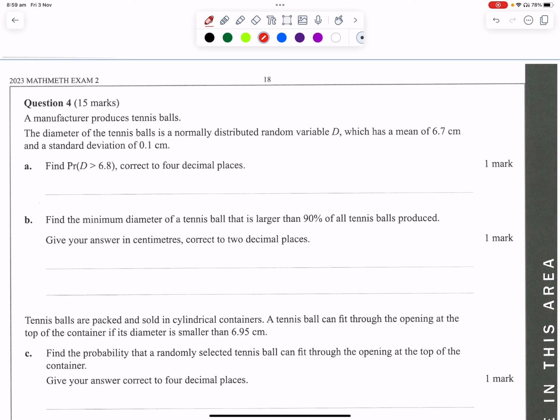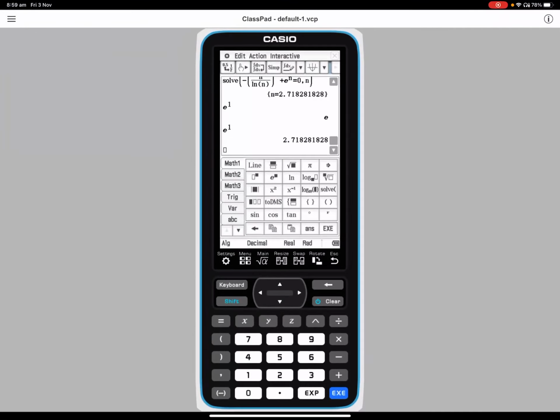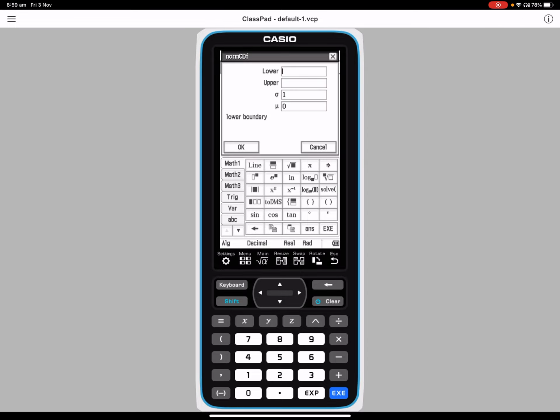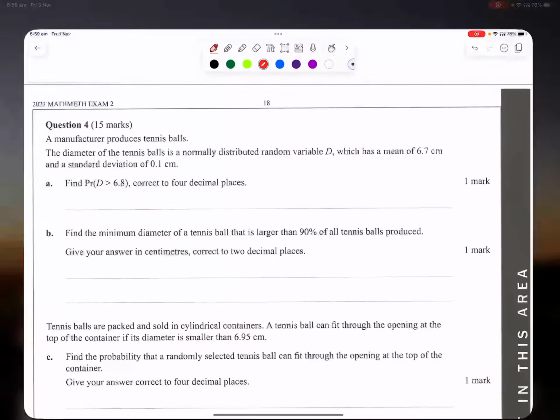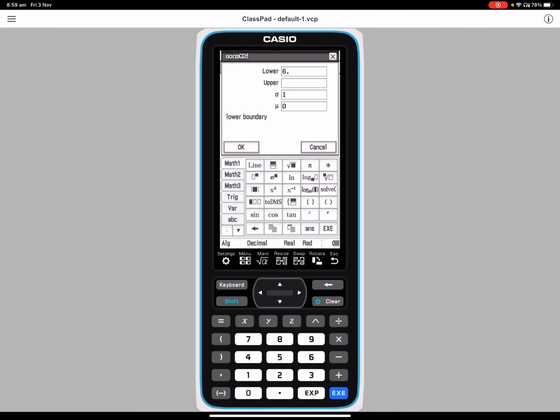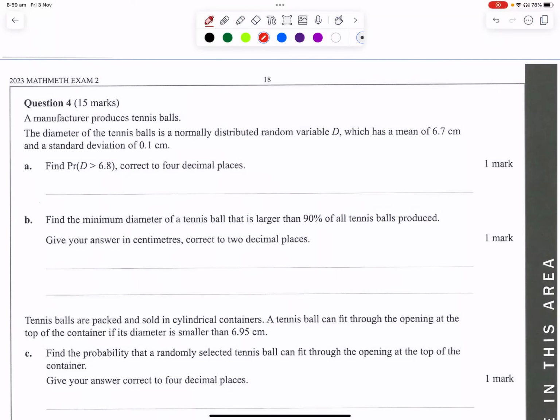Okay, a manufacturer produces tennis balls. The diameter of a tennis ball is normally distributed D with a mean of 6.7 and standard deviation. Find the probability D is greater than 6.8. So, normally distributed, lower 6.8 to infinity. Standard deviation was 0.1.